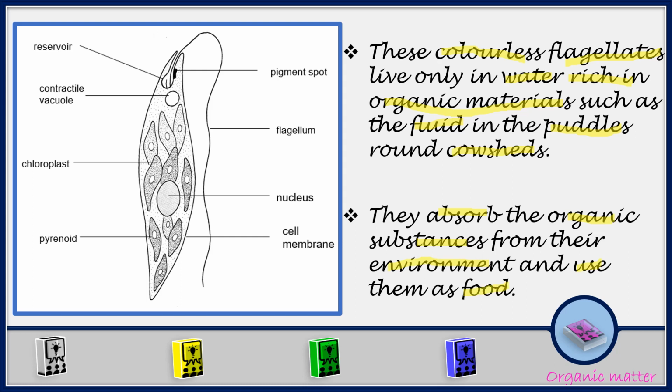So we are still looking at the colorless flagellates. Because they lack chlorophyll, they stay in water which is rich in organic matter. And they absorb this organic matter from their environment, and it's what they are going to use as their food.